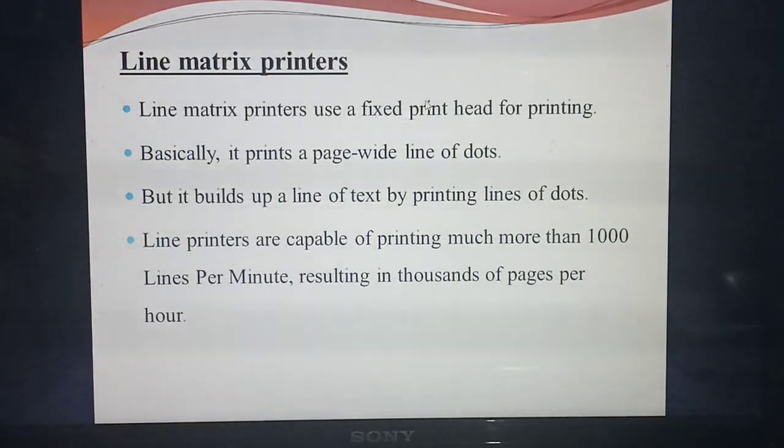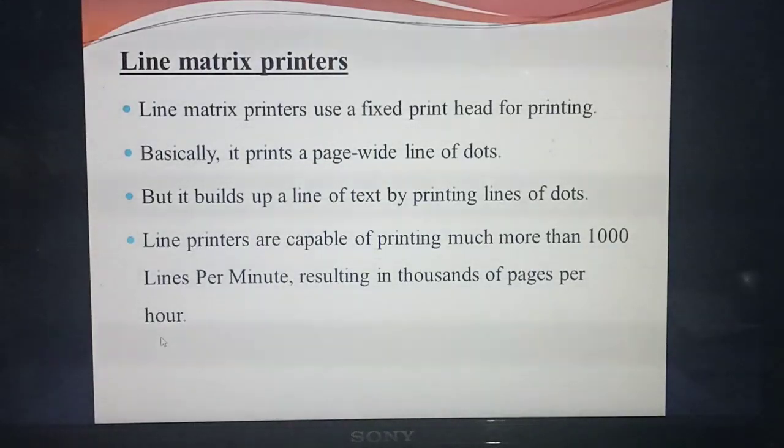This line matrix printer is always used to print a line of dots. This printer can print more than 1000 lines per minute, which means thousands of pages per hour. Understood?